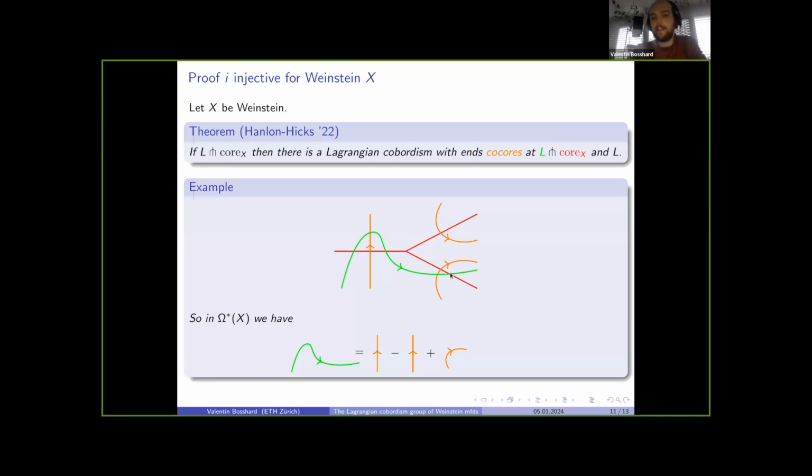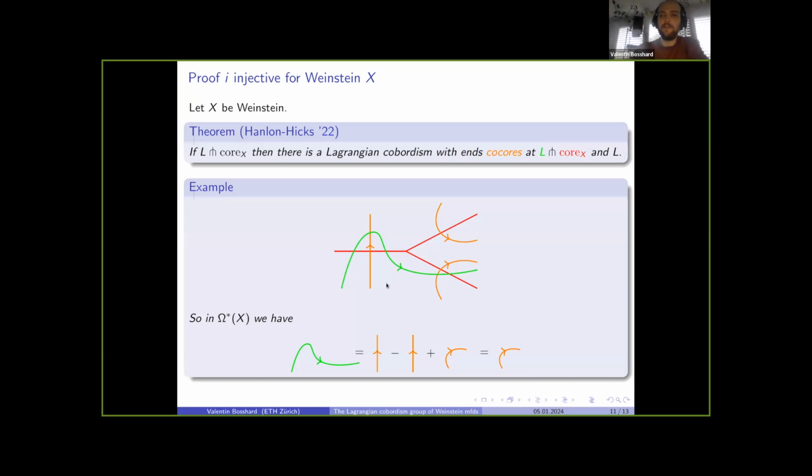And then here we have a third intersection, so just plus this co-core here, because it goes in the same direction. So the first two cancel. So actually in the Lagrangian cobordism group, you already see somehow you can make this Lagrangian disjoint from this part of the skeleton. So just this part here is relevant.